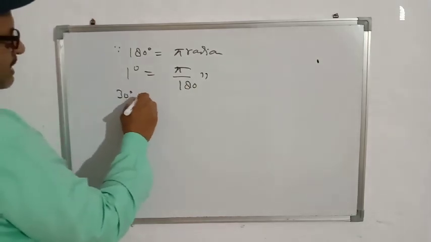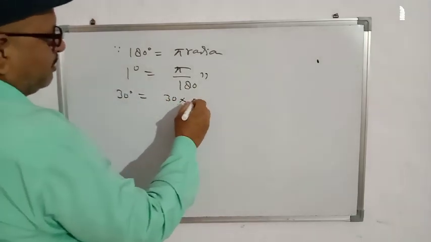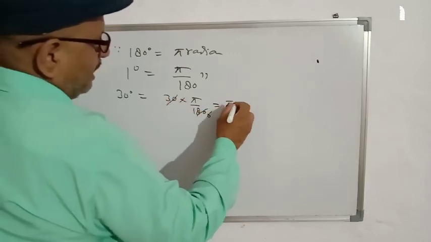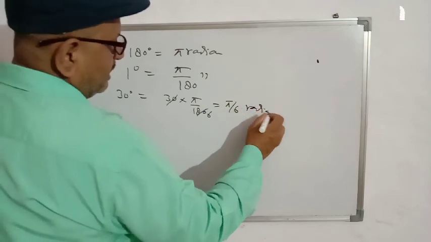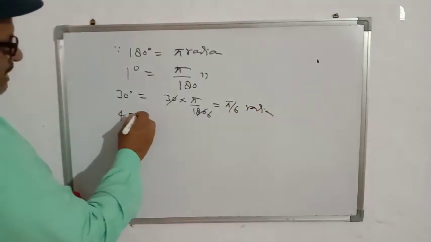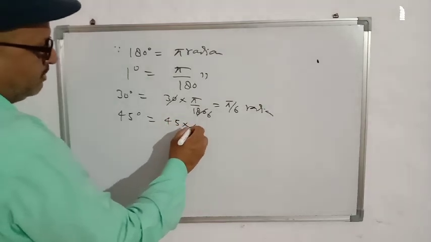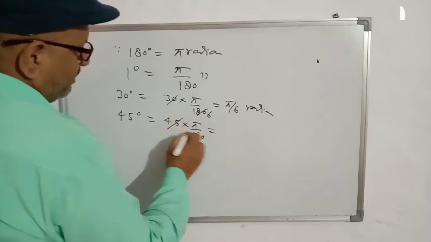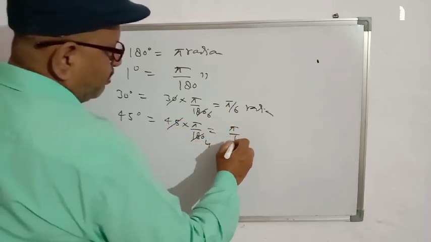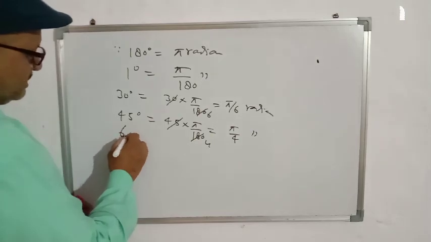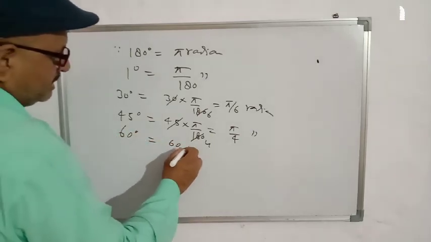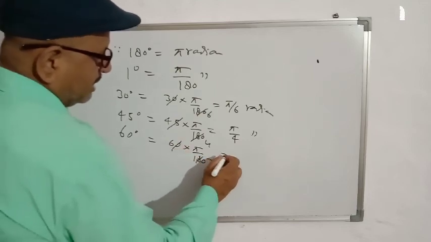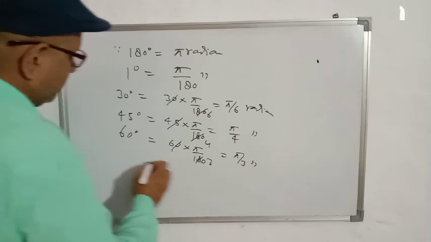What will be 30 degree? 30 into pi by 180. 30 6 times is 180, so pi by 6 radian. 45 degree, we will write 45 into pi by 180. 45 4 times is 180, so pi by 4 radian. 60 degree, 60 into pi by 180. 60 3 times is 180, so pi by 3 radian.